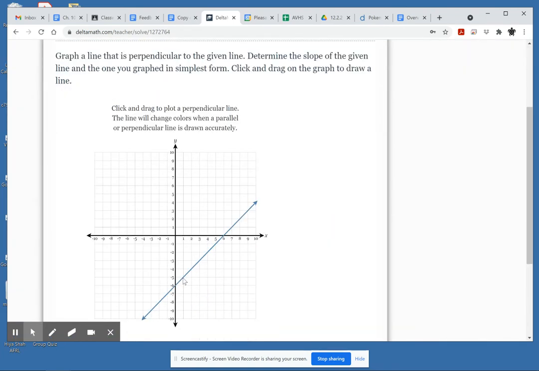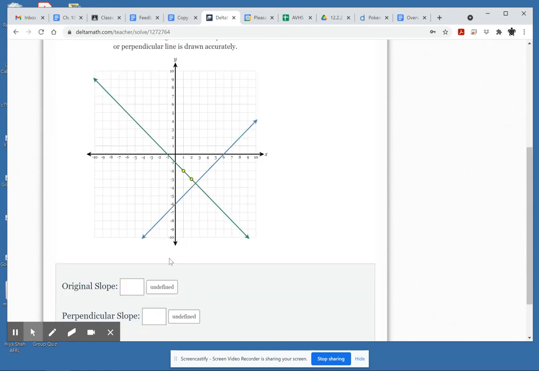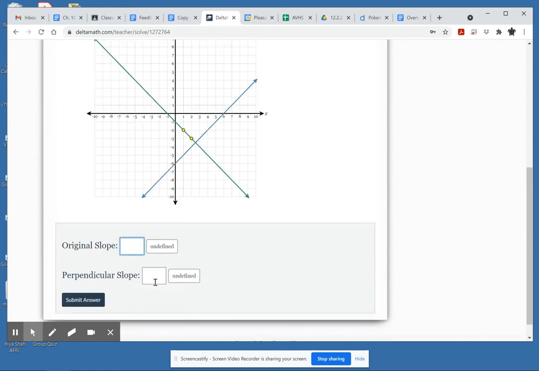These ones are a little tricky, but remember it's the opposite reciprocal. So in this case, I go over 1, up 1, over 1, up 1. So my perpendicular slope is going to be over 1, down 1, over 1, down 1. So if the original slope is 1, the perpendicular slope is negative 1.